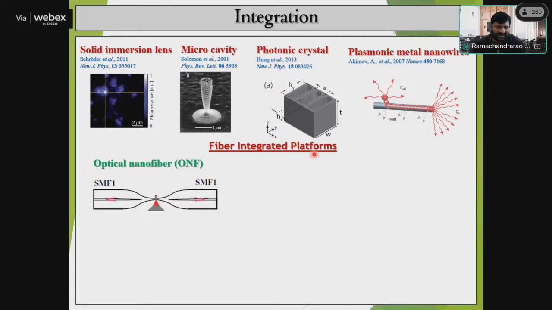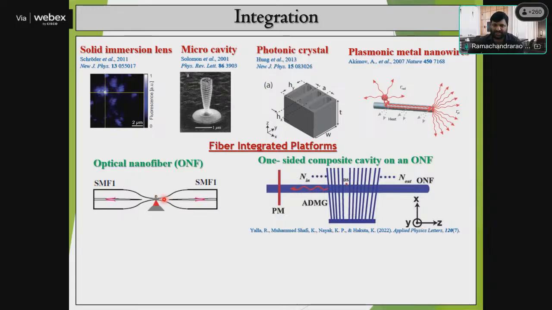Therefore, when I started working during my PhD, I started taking a fiber and making nanostructures, and you try to manipulate the single photons using those structures. Not only on the fiber, people have done cavity structures; we have incorporated cavity structures on the nanofiber so that you can manipulate single photons more efficiently.